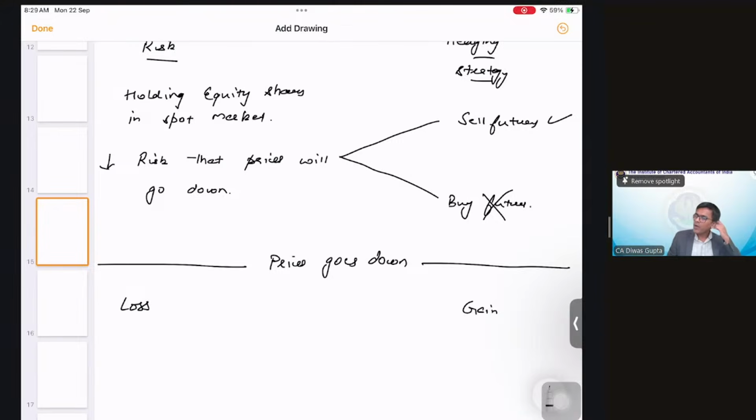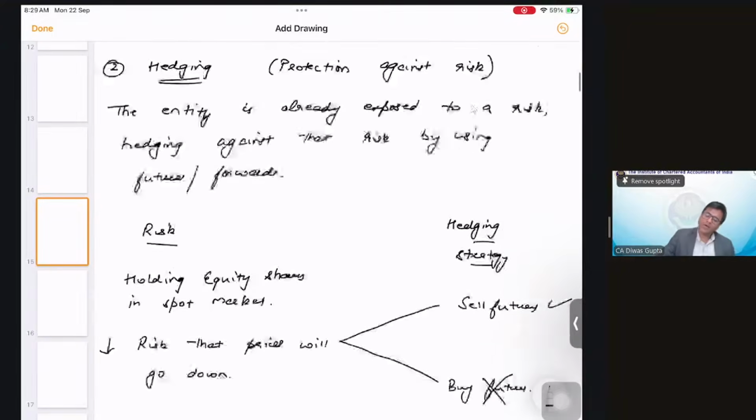So what you are doing? You are limiting your loss and you are limiting your gain. This is getting fixed and hence this is a clear example of hedging.